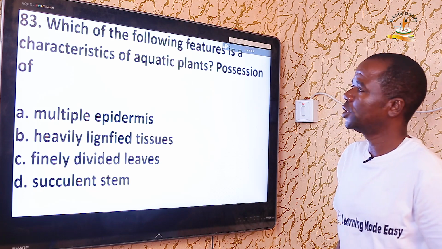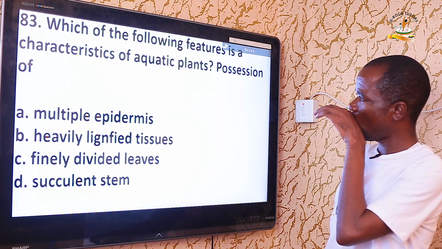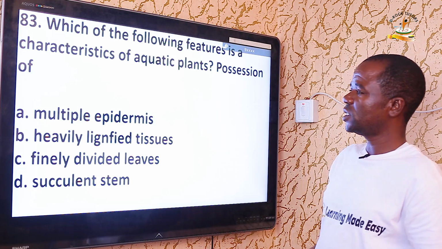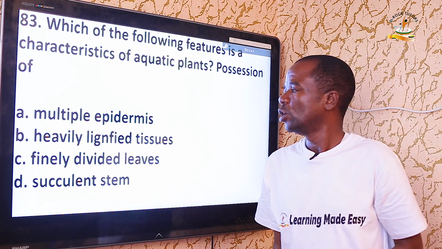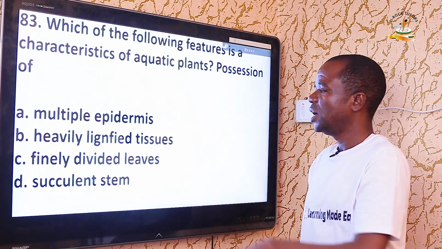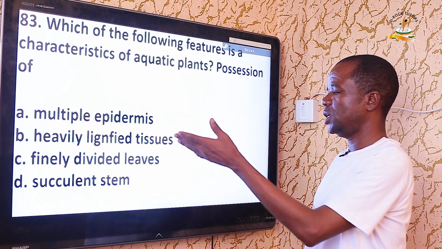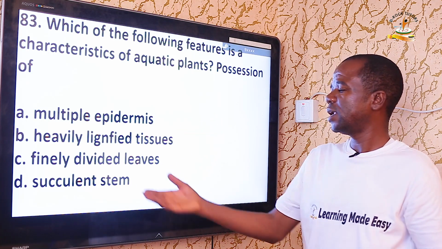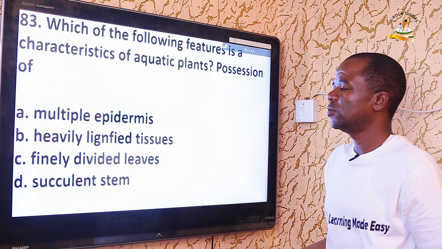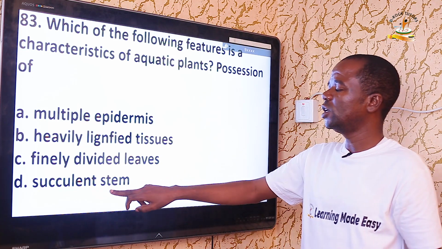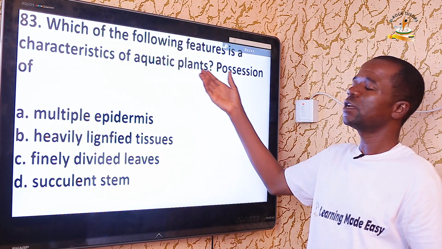Number 83. Which of the following features is a characteristic of aquatic plants? Possession of A, multiple epidermis, B, heavily lignified tissue, C, finely divided leaves, and D, succulent stem. To start with, succulent stem is not a characteristic of an aquatic plant.